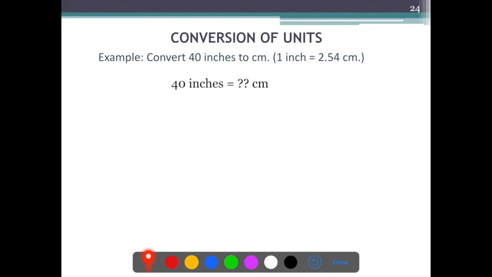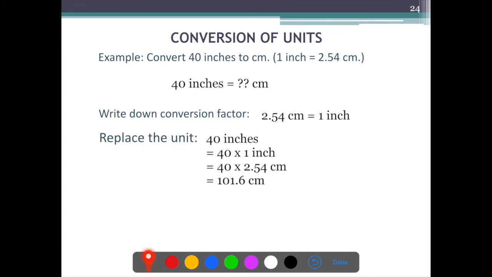All right, so the first thing to do is to write down the conversion factor, because the conversion factor relates the two units that are involved, inches and centimeters. It gives you a relationship between these two, which allows you to convert inches to centimeters. The conversion factor is 2.54 centimeters is equal to 1 inch. Then you write your number in terms of the number and its unit. So 40 inches can be broken down as 40 times 1 inch.